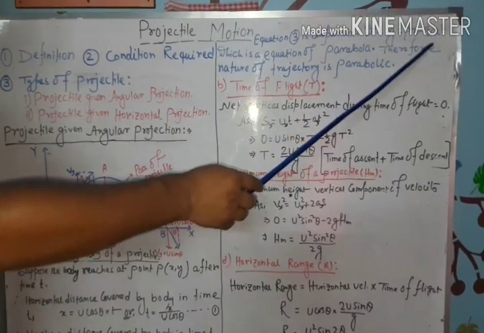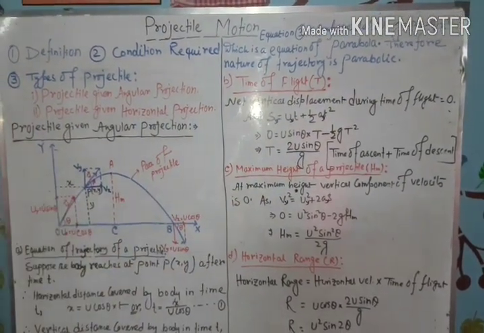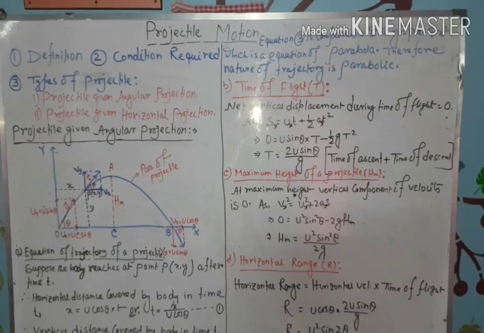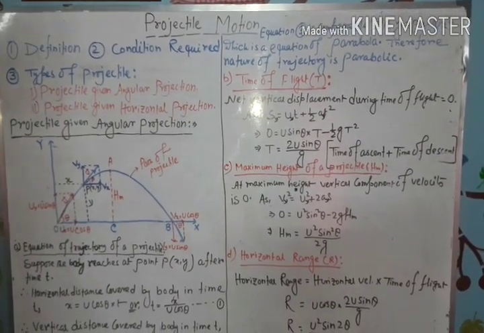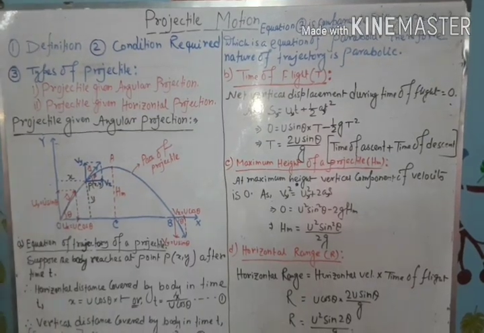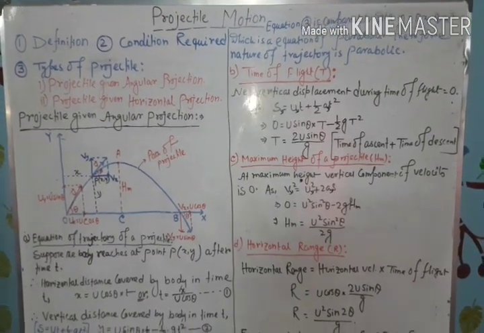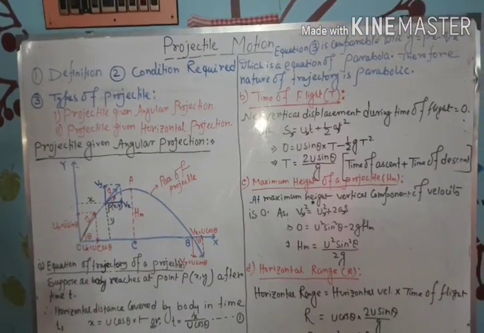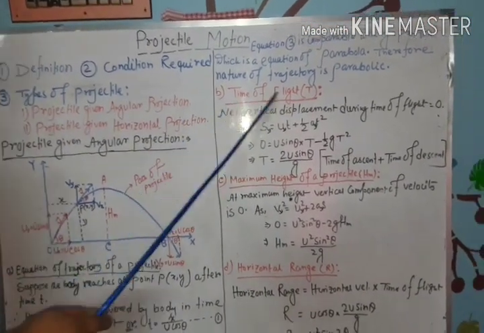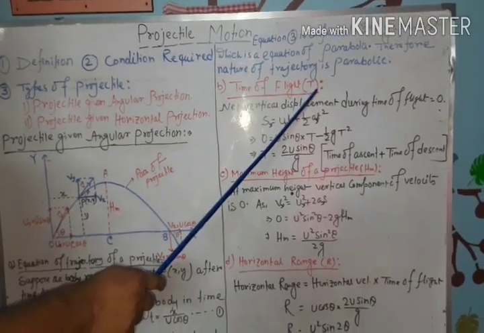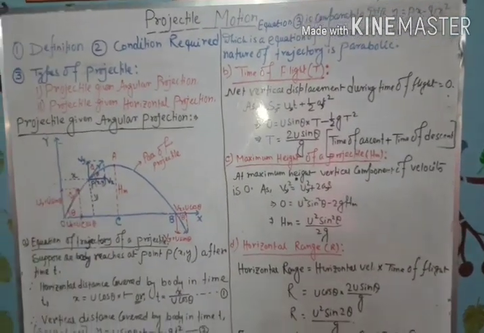So therefore we can say, as the motion of projectile obeys the parabolic equation, the nature of the trajectory is parabolic. Now, next student, we have to determine the time of flight, which is denoted by capital T. See the diagram again.